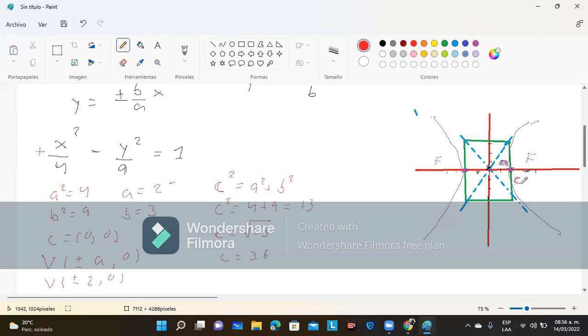So this is going to be called C. We have that the distance between the two vertices is going to be 2A, because here we have 1A, so this space is the same measure, so we have 2A. And the distance between the two foci is going to be called 2C. Okay, so questions until here? Any question?